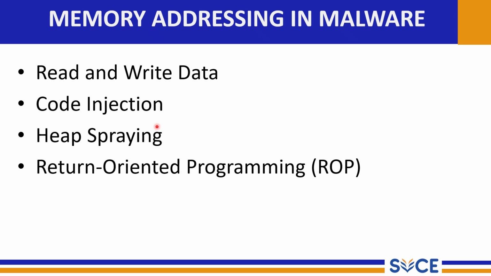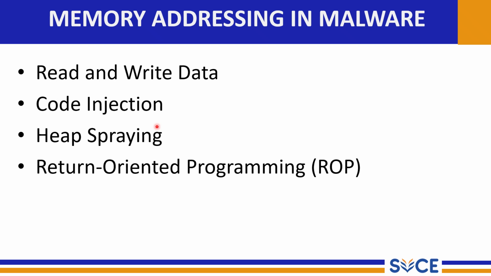Now the addressing modes. Direct addressing: the address of the operand is directly specified in the instruction. Second, register addressing: the operand is located in a register. Third, indirect addressing: the instruction specifies a register that contains the address of the operand.